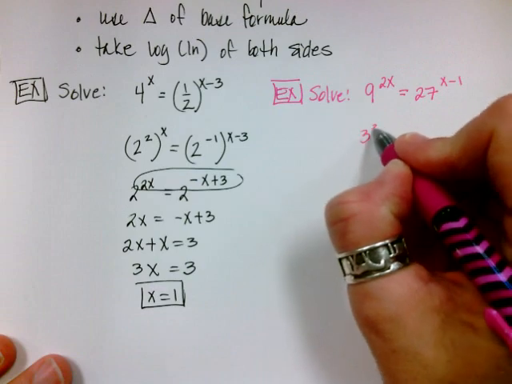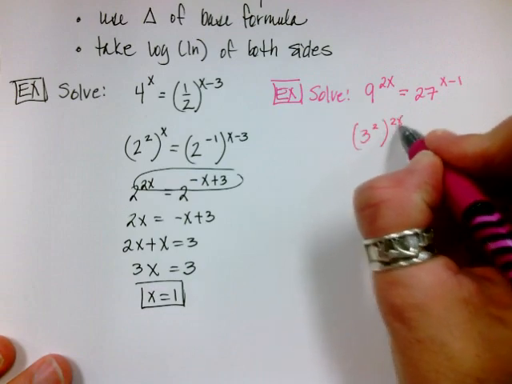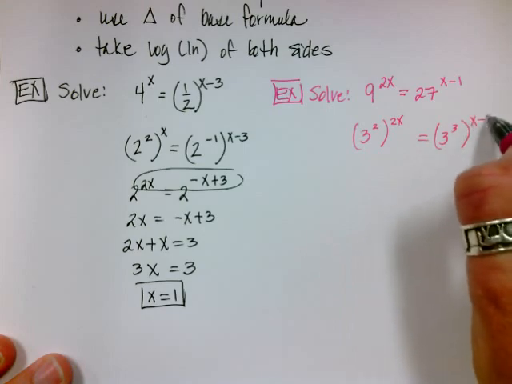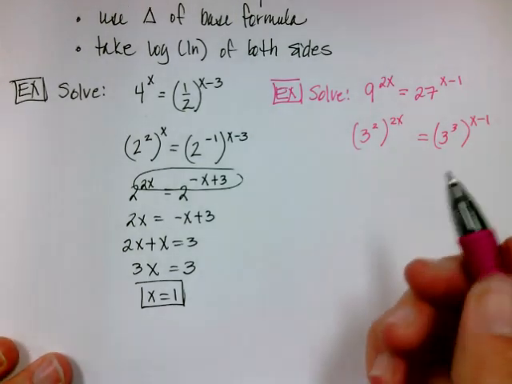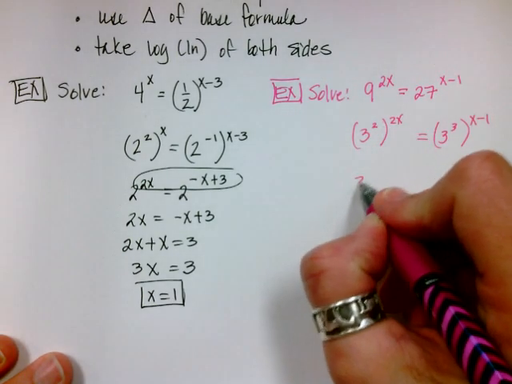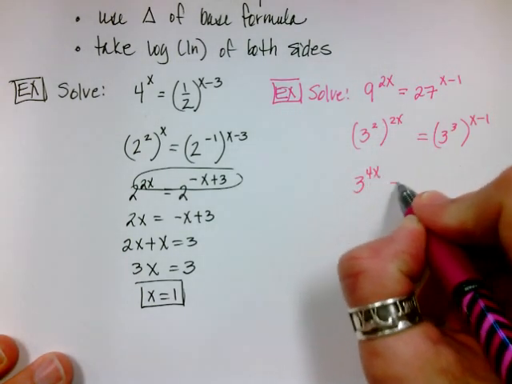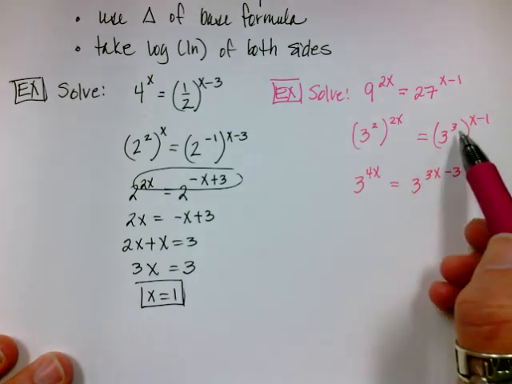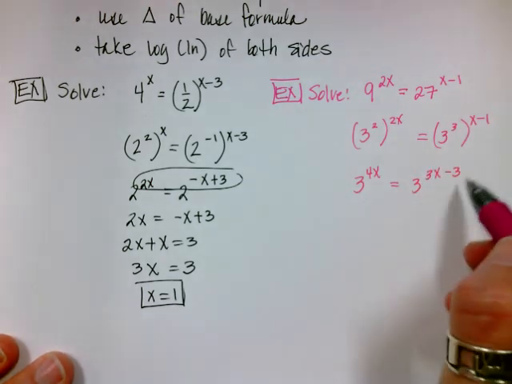So I'm going to make the bases be the same. So I'm going to do 3 squared raised to the 2x is equal to 3 to the 3rd raised to the x minus 1. Remember, if I have a power to a power, I multiply. So I'm going to get 3 to the 4x is equal to 3 to the 3x minus 3. I distributed the 3. The bases are the same.